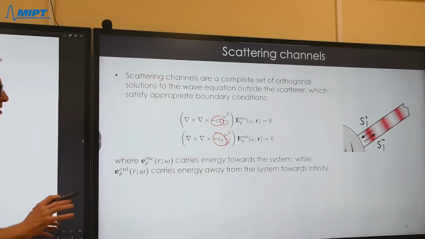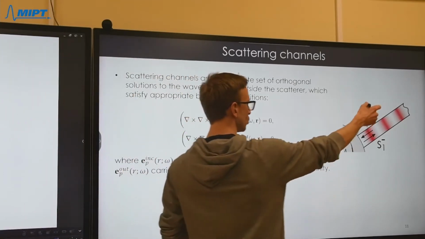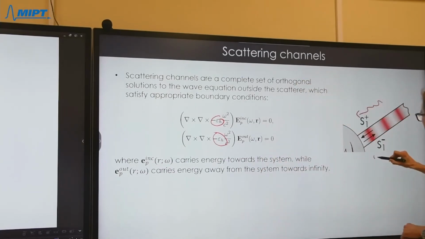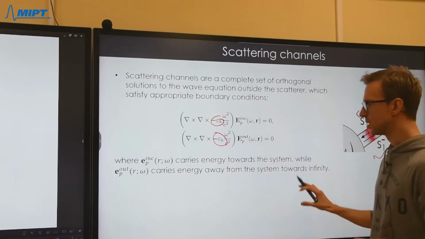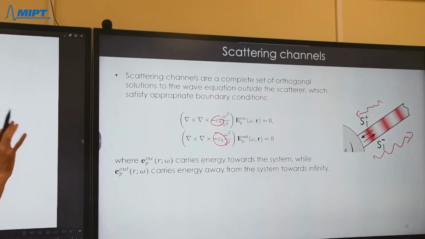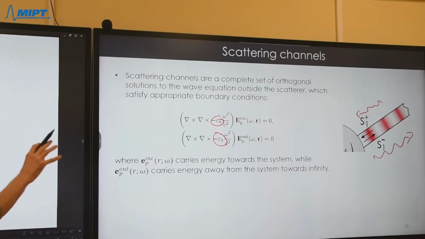Basically, we're going to be looking for an orthogonal set of waves that carry energy towards the structure from infinity and away from the structure towards infinity in the absence of any scatterer. So these are the modes, these are the waves, solutions of the wave equation that exist in free space, in homogeneous space, in the absence of our object.